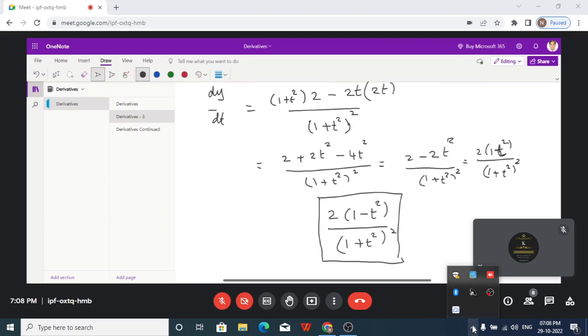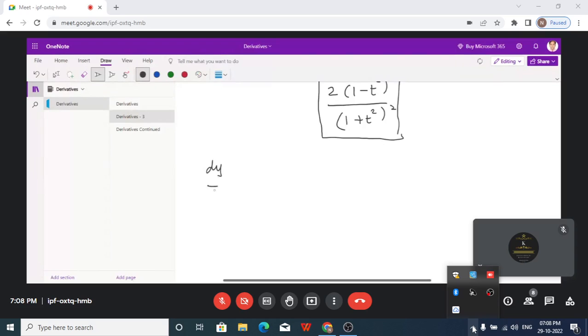So what is dy by dx? dy by dt divided by dx by dt. Correct. So that means 2 into 1 minus t square divided by 1 plus t square, the whole square.